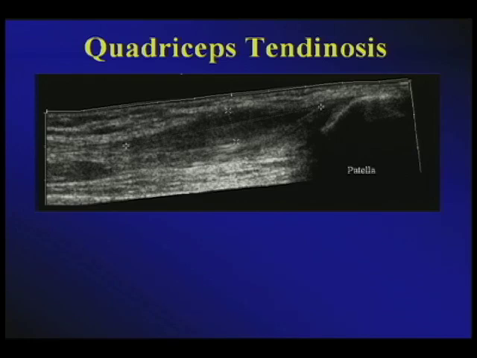But not all of it, because here you see only the anterior portion shows this thickened fusiform hypoechogenicity of the distal quadriceps tendon, representing the rectus femoris portion of the tendon. And if you go a little bit more posterior, you begin to see the fibrillar pattern of the vastus intermedius. So this region or segment is relatively preserved.